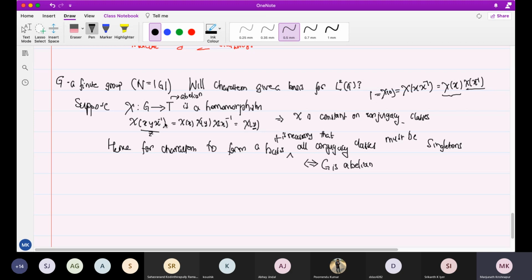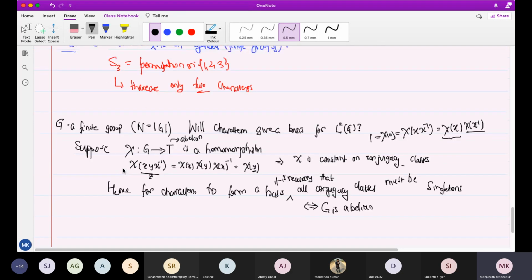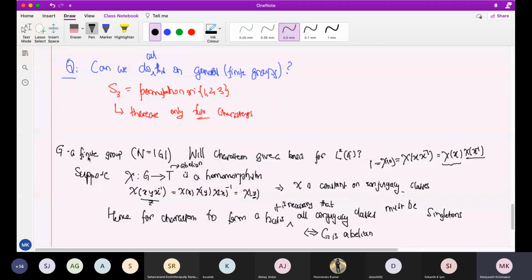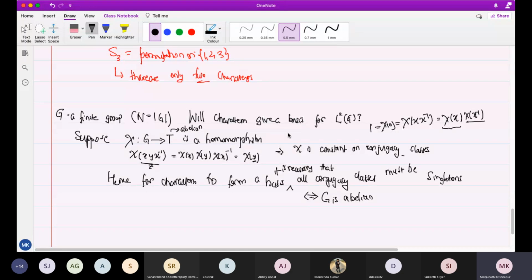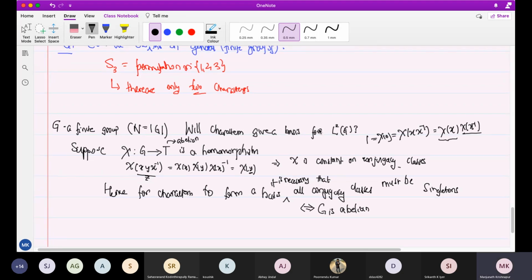So x, y equals y, x. So y commutes with everything else, for every y. So G is abelian. I have shown a strong thing here: you take any non-abelian group, you can't have a full basis of characters. That is clear, I hope. Is that okay?